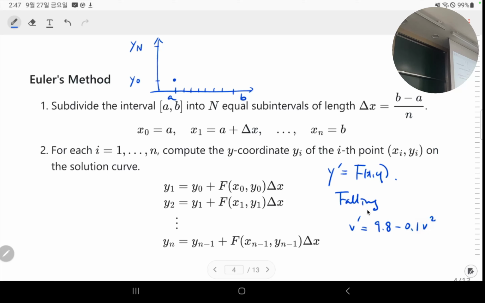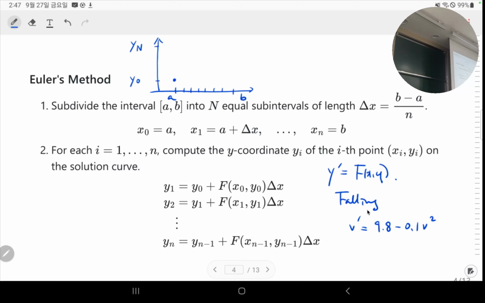Here we don't see the t term, but it's there, only the coefficient is 0. So once you know what t and v are, you know what v prime is, and once you know what v prime is, you can estimate the next velocity of your object after a certain period of time, because v prime is roughly the rate of change.